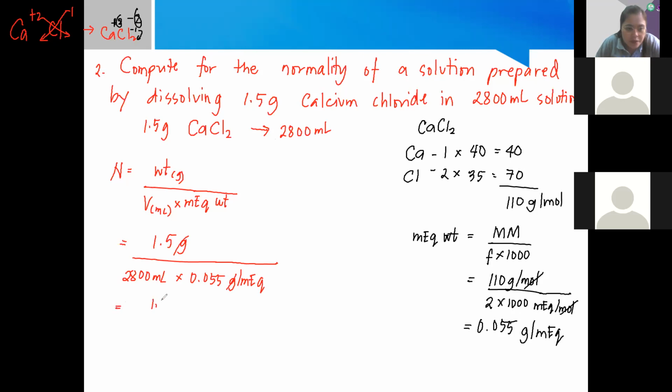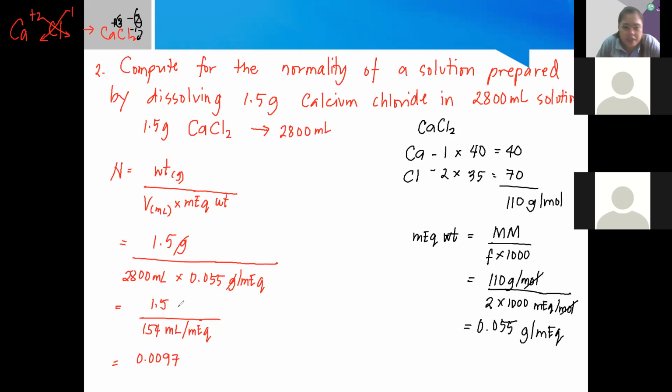We will have here 1.5 divided by 2,800 times 0.055 is 154 ml per MEQ. Let's divide this. 1.5 divided by 154 is 0.0097.